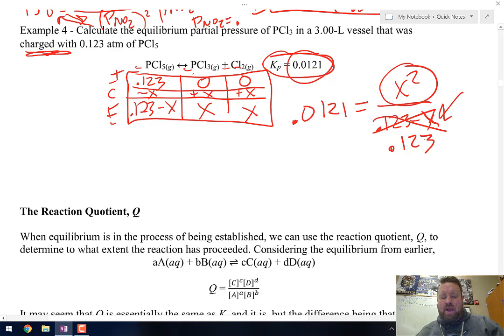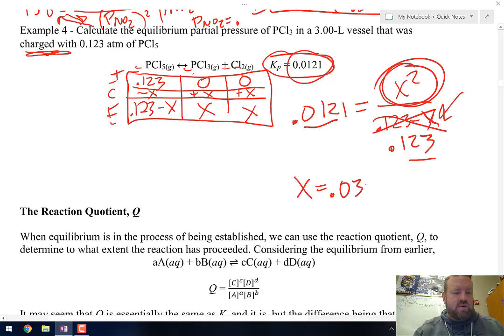So now I can just take 0.0121 and multiply it by 0.123, and that is equal to x squared. And so obviously to get x, I'm just going to take the square root of both sides, and x is equal to 0.0386. Okay, now what that means is it means that the equilibrium pressure of Cl2 is x, is 0.0386.